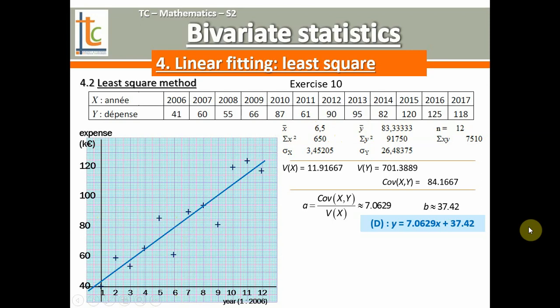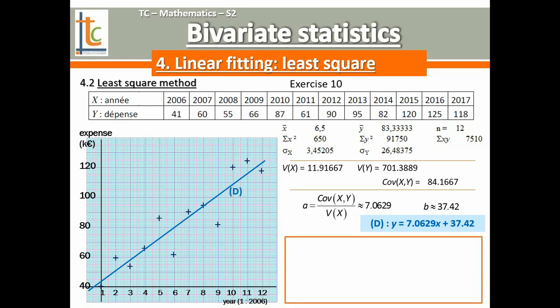So now, how could we read A and B directly on the calculator, because it calculated them? If you ask a linear regression to your calculator, that's simple. In calc, for the case you have to ask a regression and choose x.